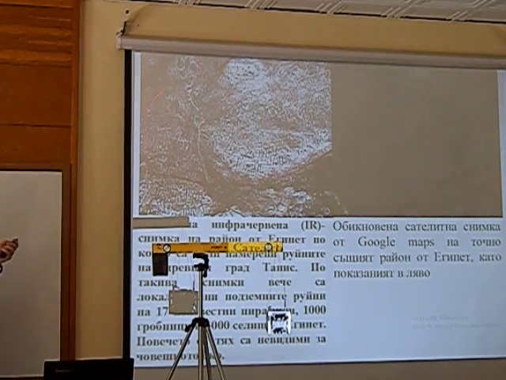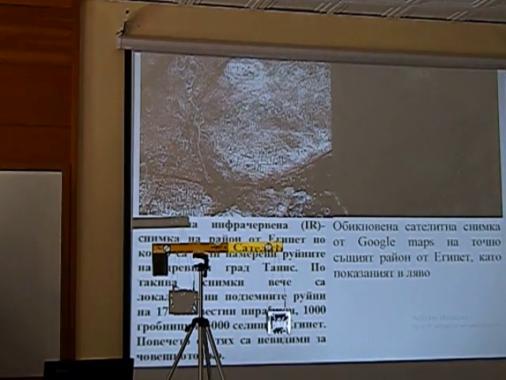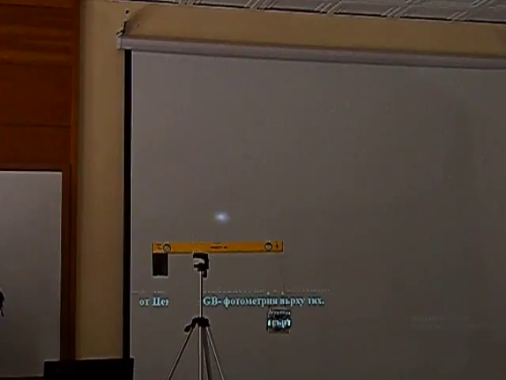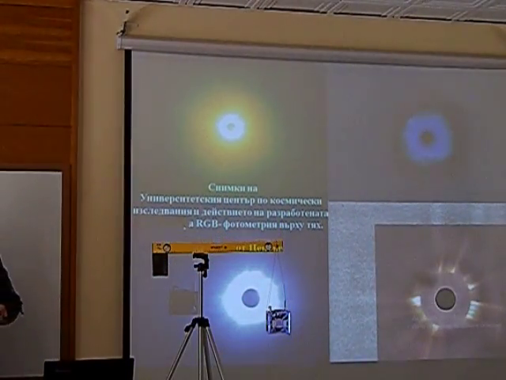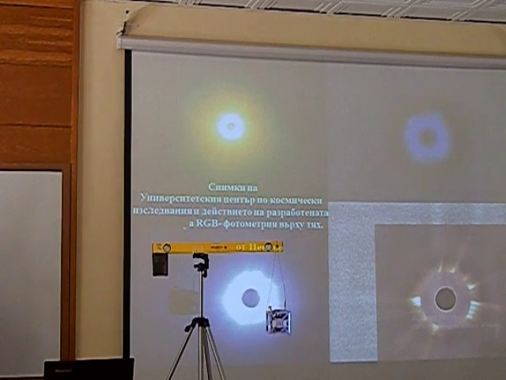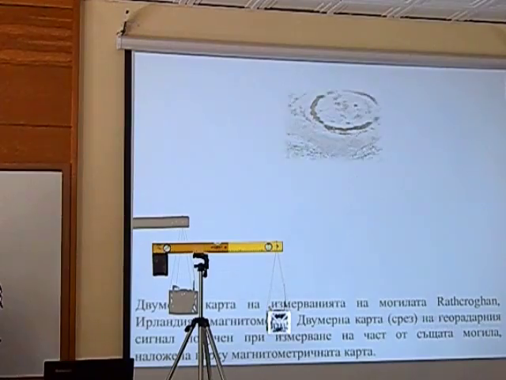And in infrared, you can directly see many structures, many pyramids were located this way and so on. Now these are different applications. These are studies of the solar corona using various photographs which we made.